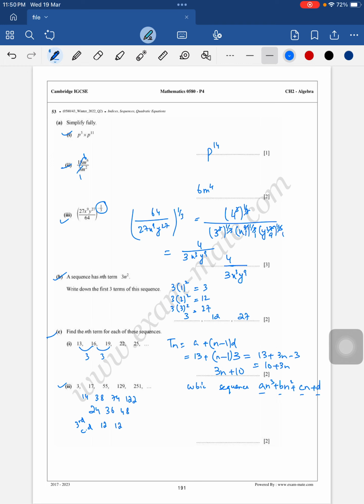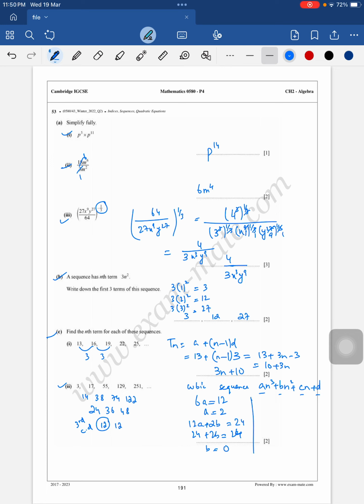The third difference is 6A, which equals 12. So A equals 12 upon 6, which is 2. For the second difference, we have 12A plus 2B equals 24, where A equals 2. So 12 times 2 is 24, plus 2B equals 24. So 24 minus 24 finishes. B is simply 0.